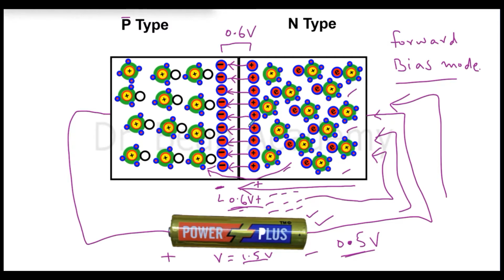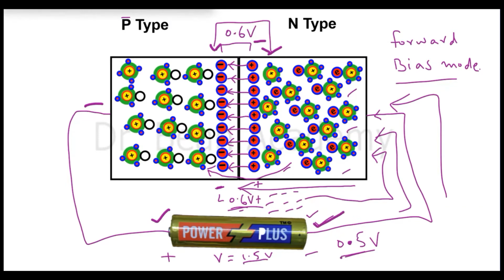So you have to check the voltage of the potential barrier, and if you want to see the current flow, find a battery whose voltage is greater than this potential barrier, then connect the p-type side of the diode with the positive side of the battery and the n-type side of the diode with the negative side of the battery, and you will see the current flow.